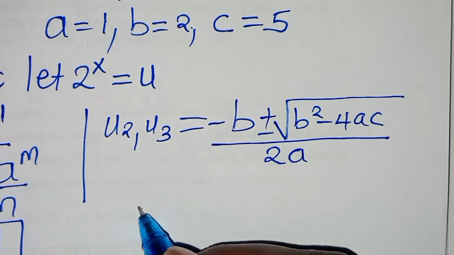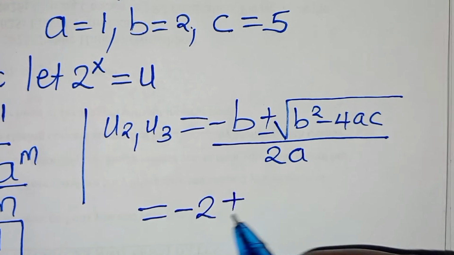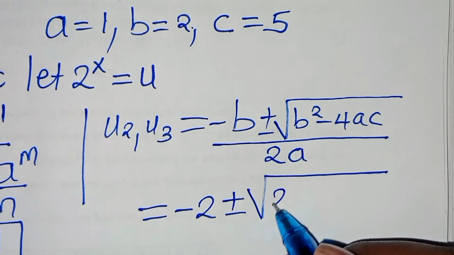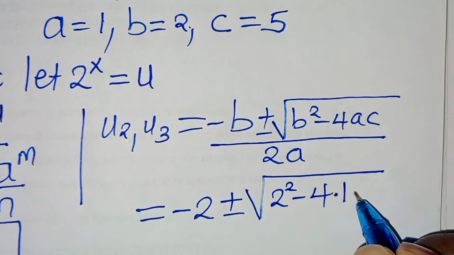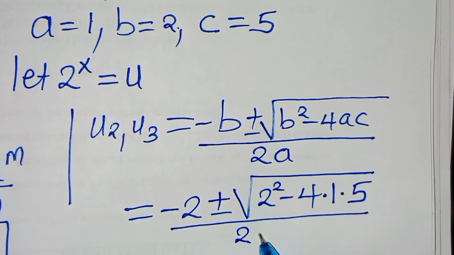So substituting the values of a, b, and c, we have minus 2 plus or minus the square root of b squared, this is 2 squared, minus 4 times a, which is 1, times c, which is 5, everything here divided by 2 times 1.